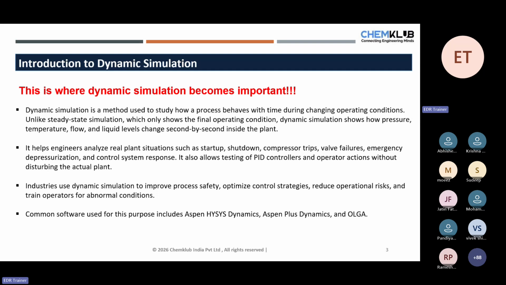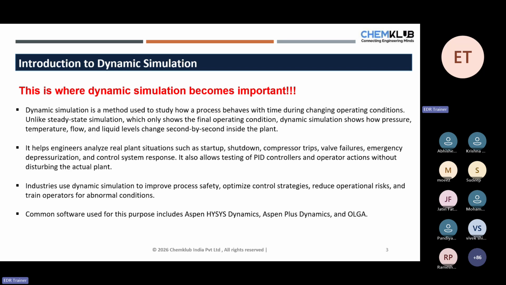Dynamic simulation becomes extremely useful in scenarios such as plant startup, shutdown, compressor trip. In any software, the compressor has been given the utmost importance because that unit itself is a very costly item, and it's very dynamic at the same time.